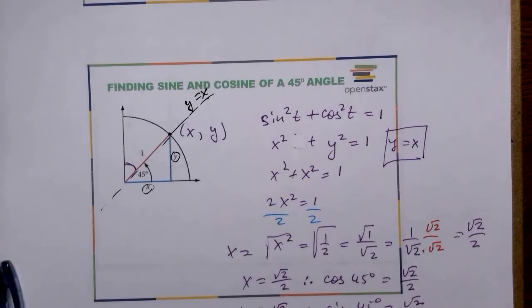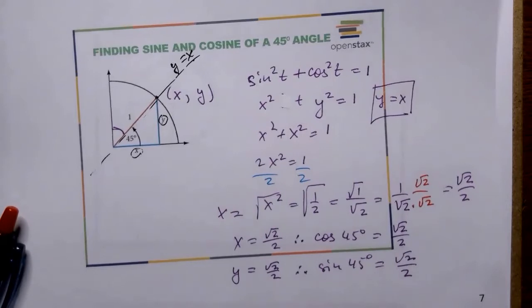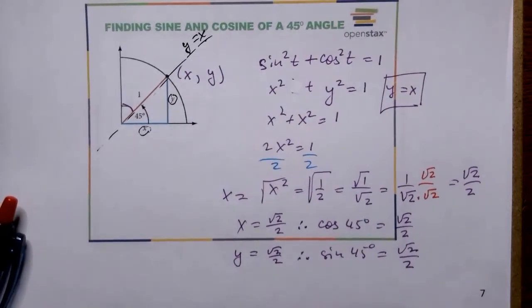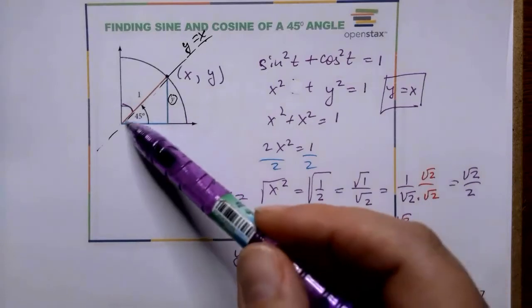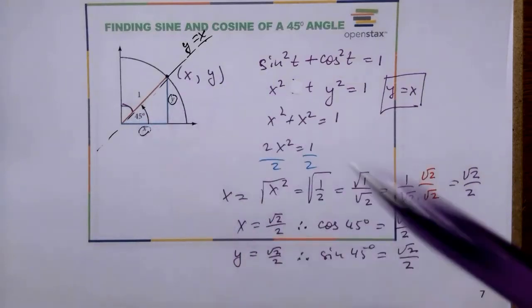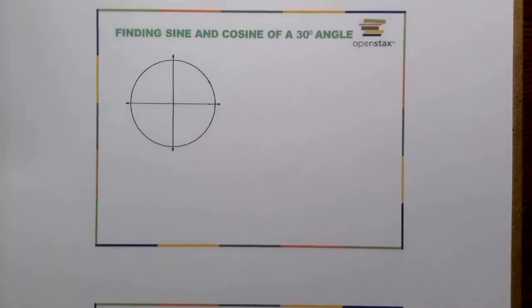Well, we did know that, right? We found it before in section 7.2. So this is nothing new. We just found it in a different way from this 45-degree triangle being inscribed in the unit circle.